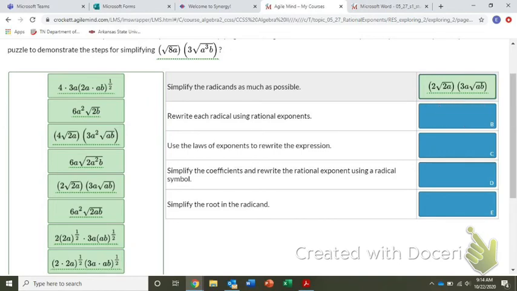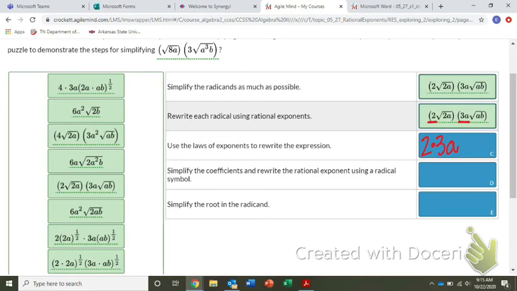So this answer would be here. Now, all we do is simplify, we multiply. So we are saying 2 and 3a gives me this.